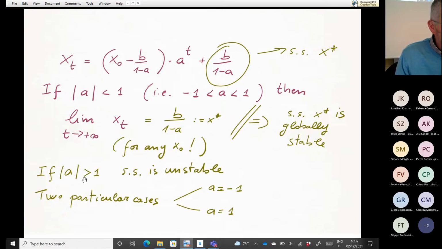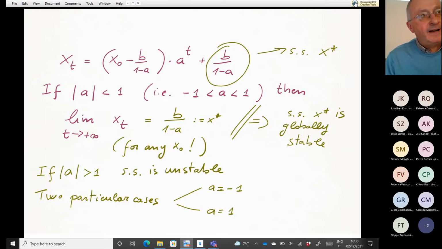However, if a is in modulus larger than 1, the steady state is unstable. Why? Because this one will explode over time. Because you see, it is an exponential, okay? The variable is at the exponent. The base is something which is larger than 1 in modulus. So this term grows exponentially. So this deviation will not disappear in the long run.